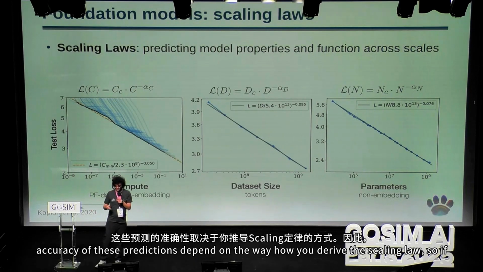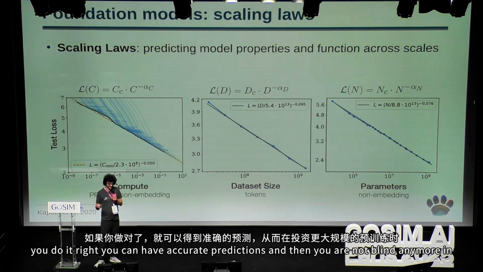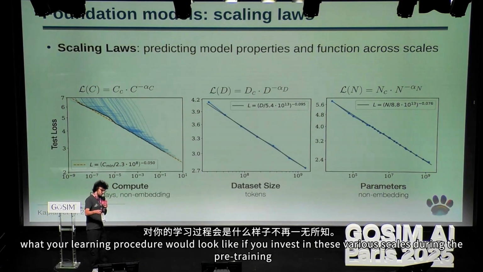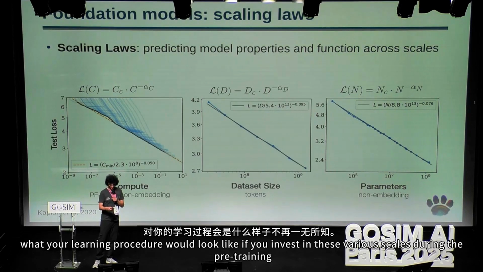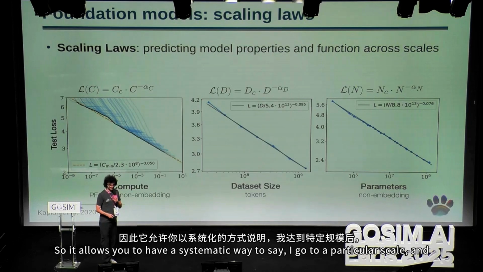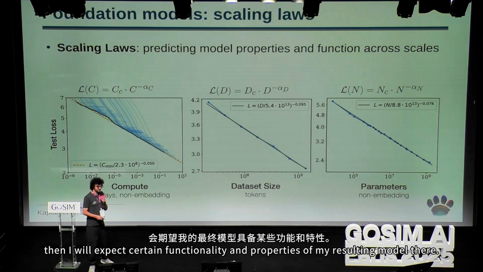So if you do it right, you can have accurate predictions, and then you are not blind anymore in what your learning procedure would look like if you invest in these various scales during the pre-training. So it allows you to have a systematic way to say, I go to a particular scale, and then I will expect certain functionality and properties of my resulting model there.